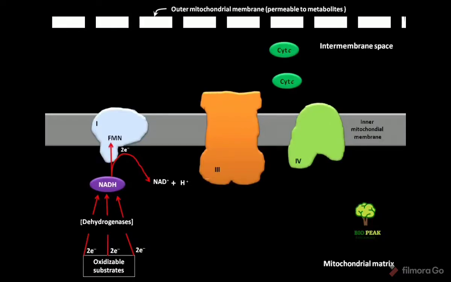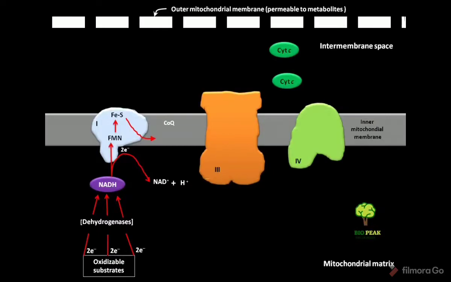Then these 2 electrons flow from FMN to the iron sulfur cluster or protein. And finally, these 2 electrons flow from the iron sulfur cluster to coenzyme Q or CoQ present in the inner mitochondrial membrane. It is also called ubiquinone.